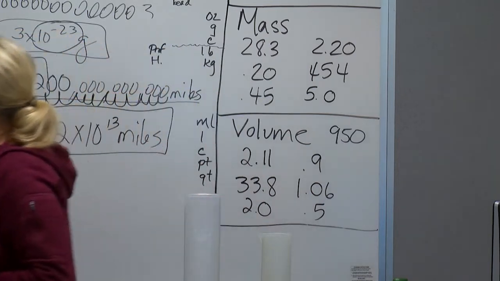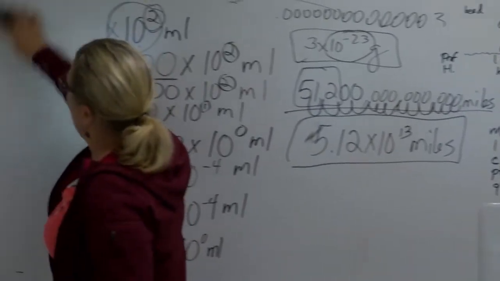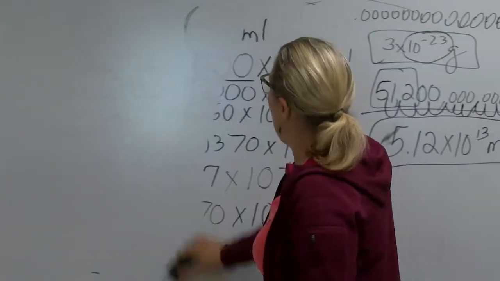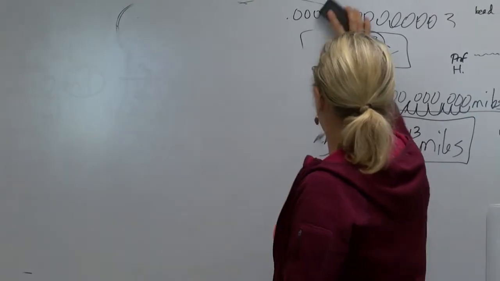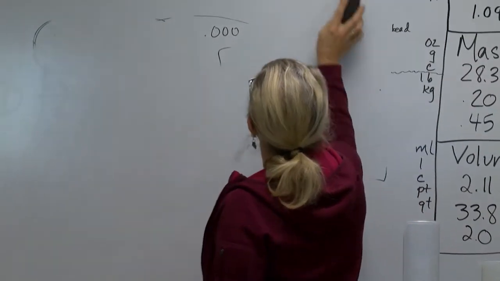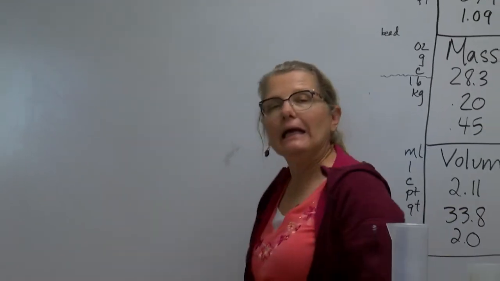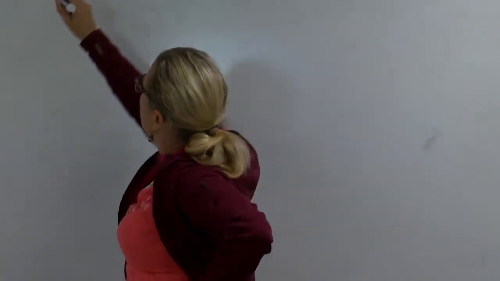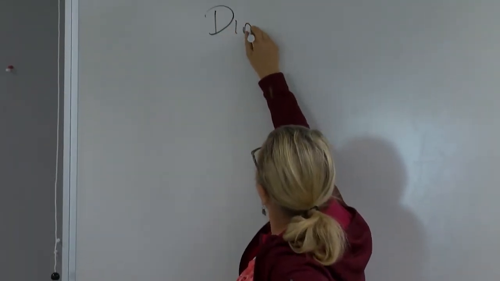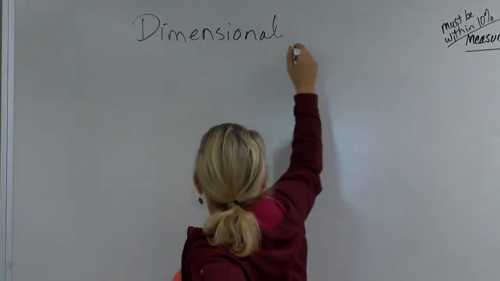All right, our last topic before we go on our exciting scavenger hunt is dimensional analysis, and it sounds very complicated. It sounds very scary. But it really isn't. Okay, so this is dimensional analysis. You may remember this from chemistry.